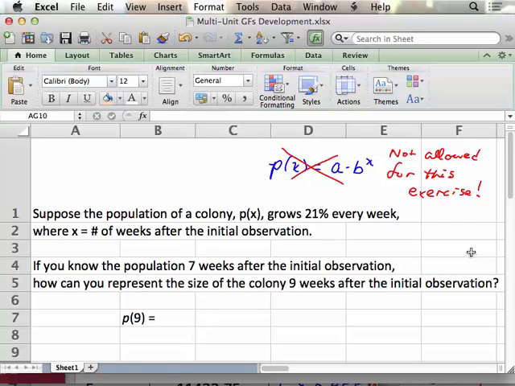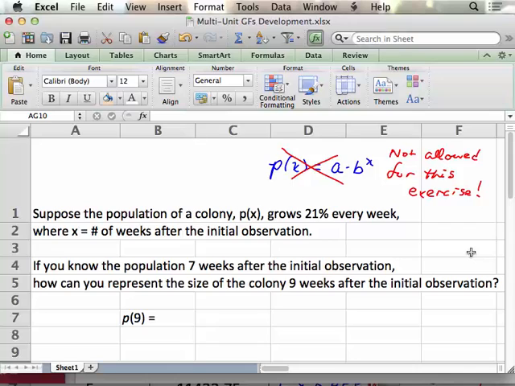For those who are trying to use population at 0, they go right for the population in 7 weeks. 7's wrong there. That's better. So, how can you represent the population at 7 weeks? Can you write that? P of 7. P of 7. So now if it's growing 21% every week and you know P of 7, good?